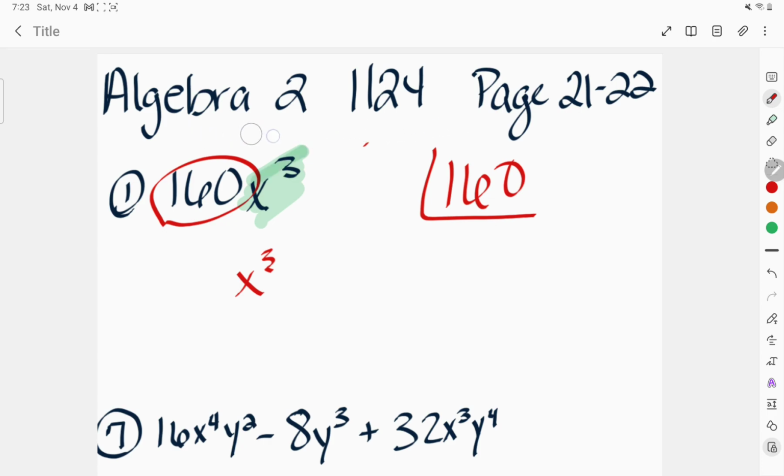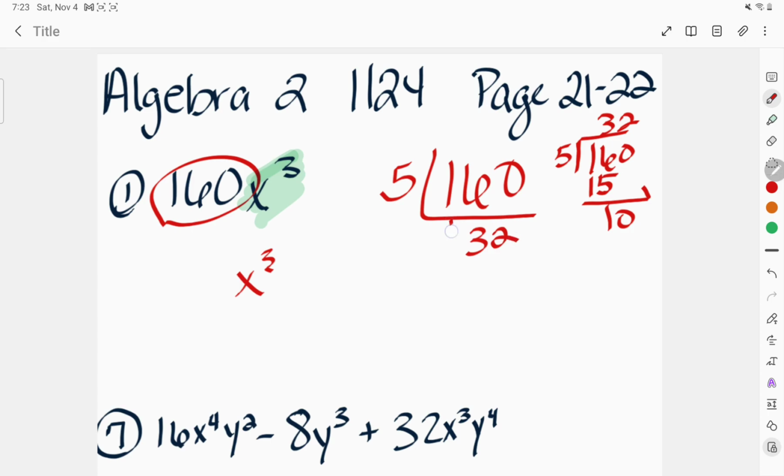So we're going to start, whichever way you want is fine, but for 160, I'm going to start with 5. And how many times can 5 go into 160? You can do it on the calculator, by hand, or in your head. Whichever way you choose, doesn't matter. But it goes into it 32 times, okay?